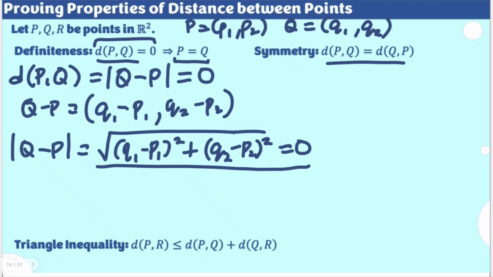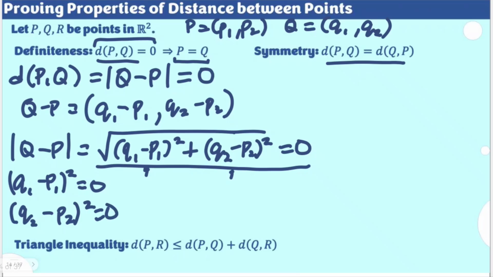That would mean that Q sub 1 minus P sub 1 squared must be 0, as well as Q sub 2 minus P sub 2 squared. Because if one of them is not 0, take note it's addition, the entire radicand will not be 0. So taking the square root of both sides, Q sub 1 minus P sub 1 is 0, as well as Q sub 2 minus P sub 2 is also 0.